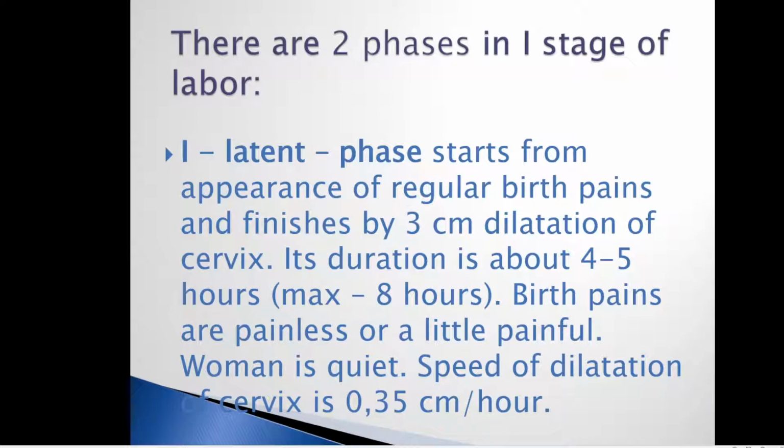First phase is latent phase, which starts from appearance of regular birth pains and finishes by 3 centimeters dilatation of cervix. Its duration is about 4-5 hours, maximum 8 hours. Birth pains are painless or a little painful. Woman is quiet. Speed of dilatation of cervix is 0.35 centimeter per hour.